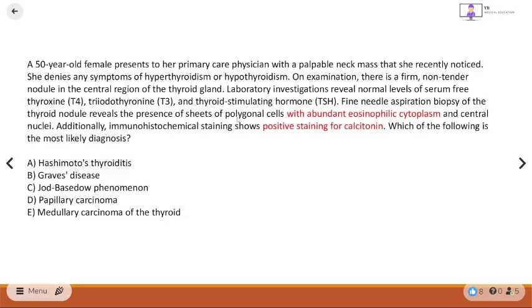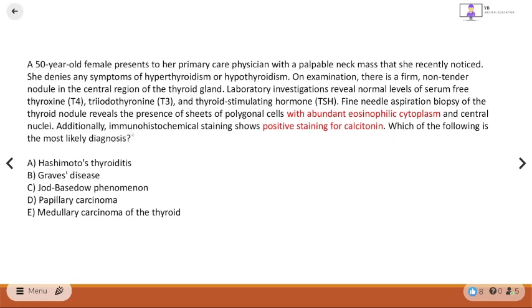Let's see this case. A 50-year-old female presents to her primary care physician with a neck mass that she recently noticed, so it's probably thyroid cancer or adenoma, so we have to know. She denies any symptoms of hyperthyroidism or hypothyroidism. On examination, there is a firm, non-tender nodule in the central region of the thyroid gland. Laboratory investigations reveal normal levels of serum free T4 and T3 and thyroid-stimulating hormone.